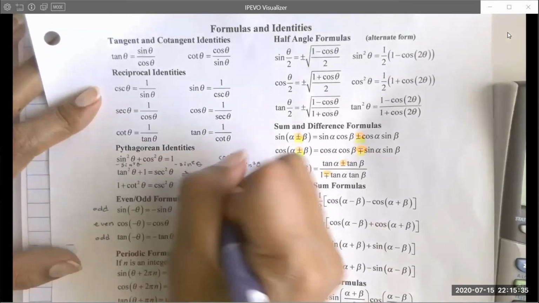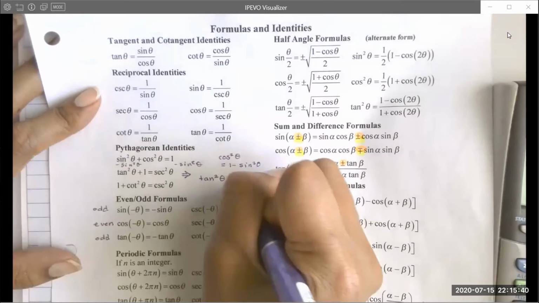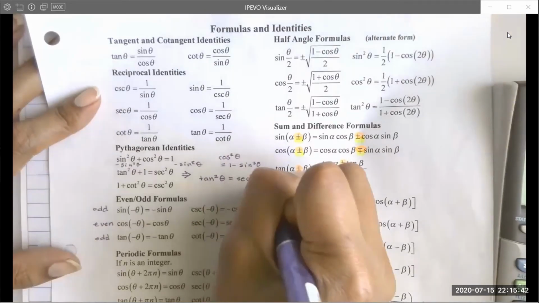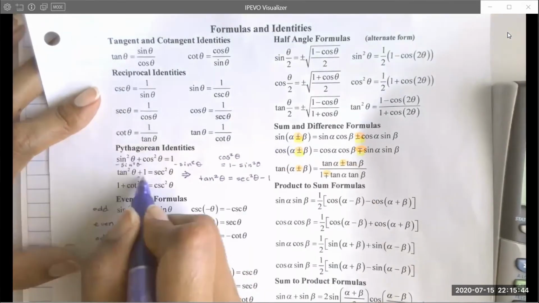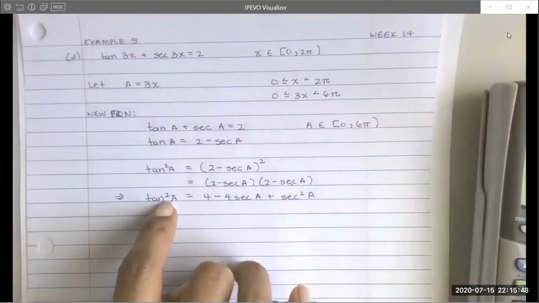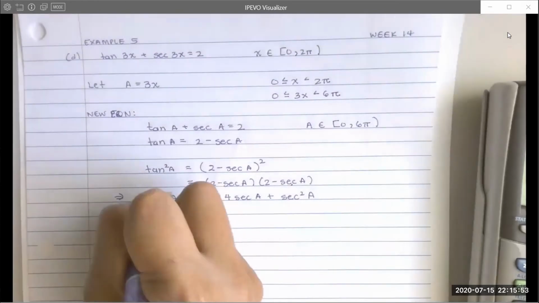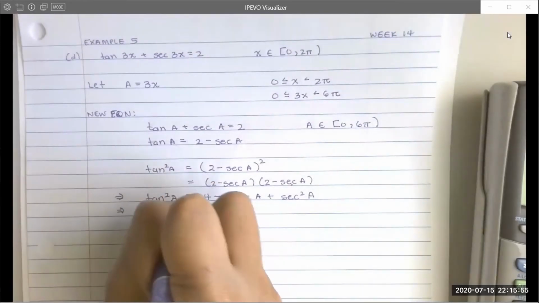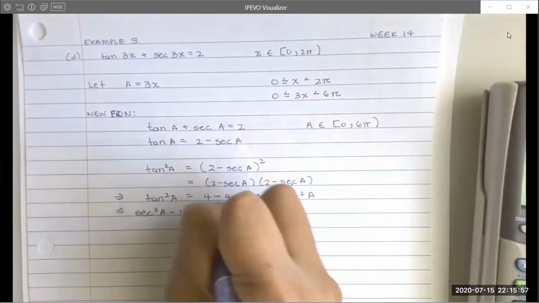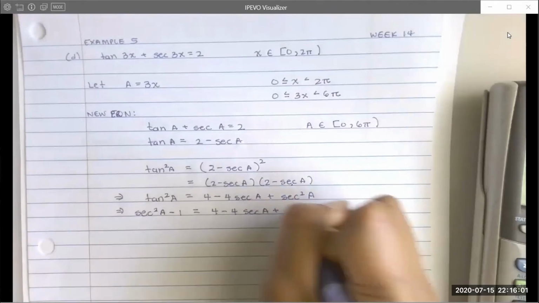This is going to give me that tangent squared theta is equal to a secant squared theta minus a 1, okay, because I'm subtracting 1 from both sides. So this tangent squared A is going to become a secant squared A minus 1 is equal to 4 minus 4 secant A plus secant squared A.